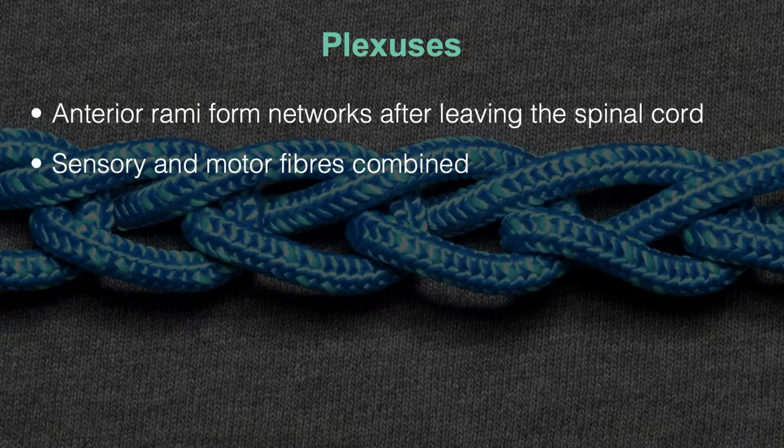The nerves at this point are a two-way street. Most of them. Some are exclusively one or the other. Most of them are a two-way street. It's not like the roots of the spinal cord, which are only exclusively one way. These ones are combined.